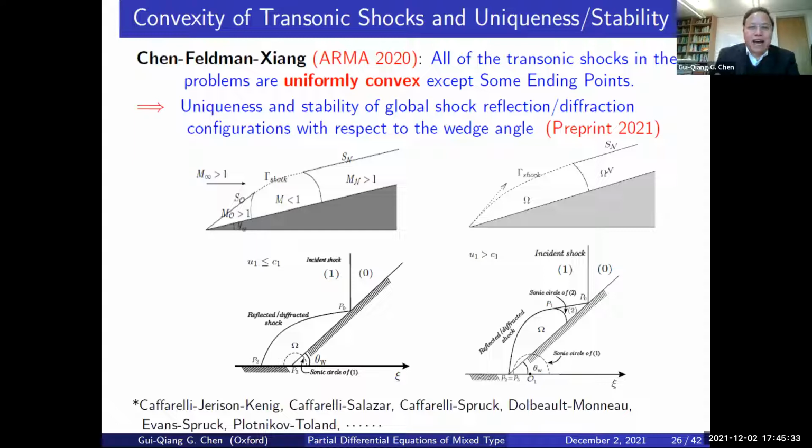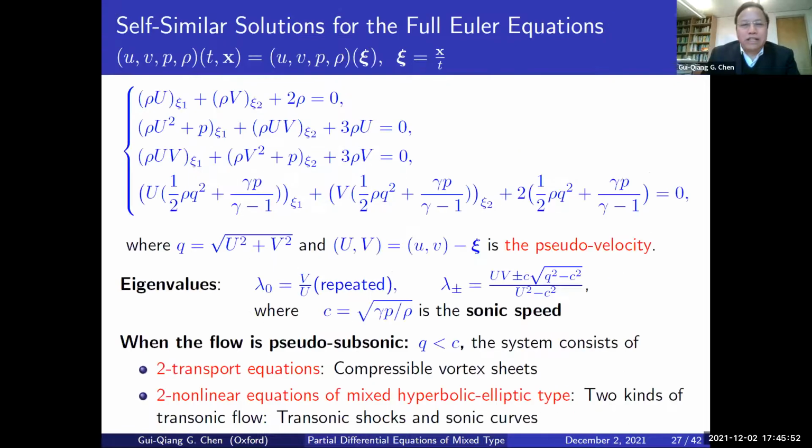I should point out those kinds of geometric properties are studied for free boundary problems for various problems. I list some of them, including water waves, about the convexity and others. This is for potential flow.